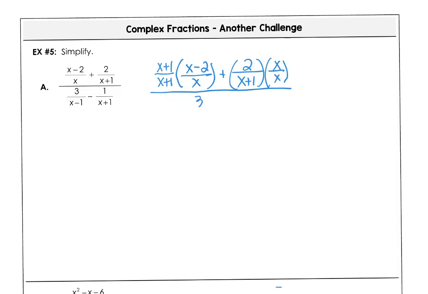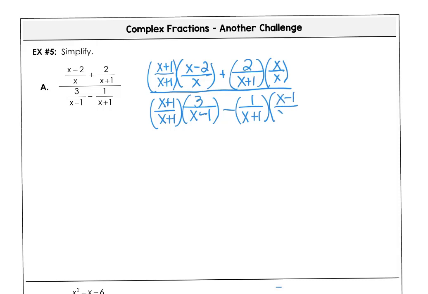So we've got 3 divided by x minus 1, and he needs an x plus 1 over x plus 1. And then the second fraction has an x plus 1, and he needs an x minus 1 over an x minus 1. So we're going to multiply across the top, right?